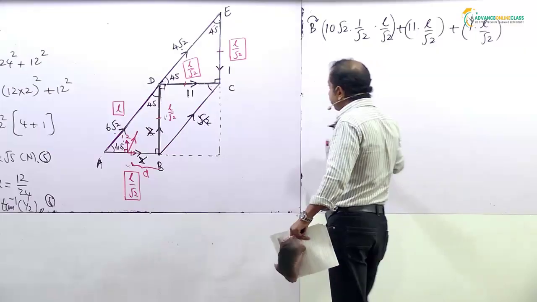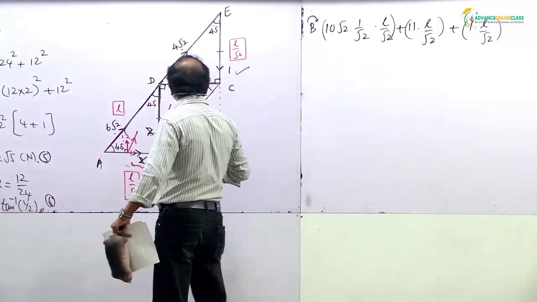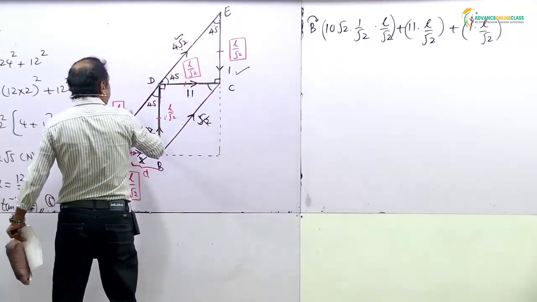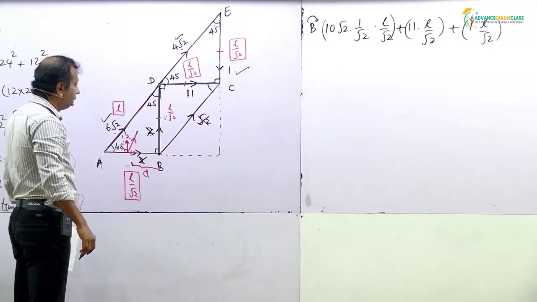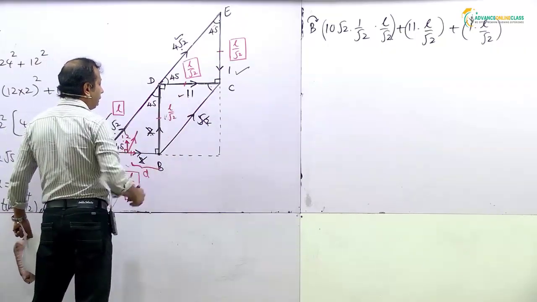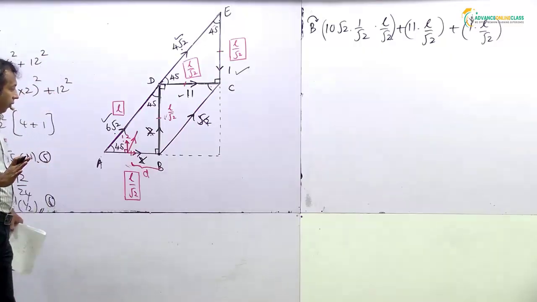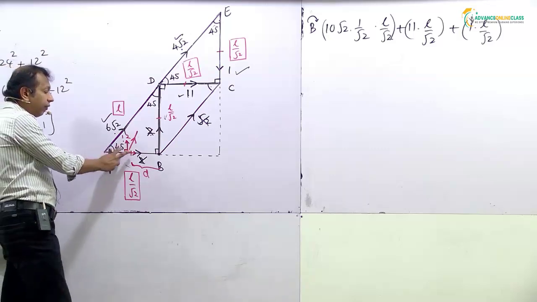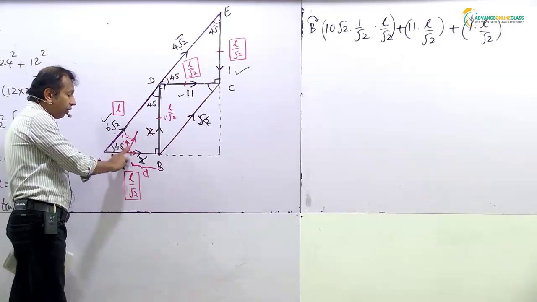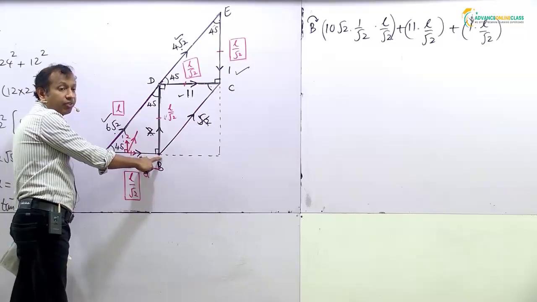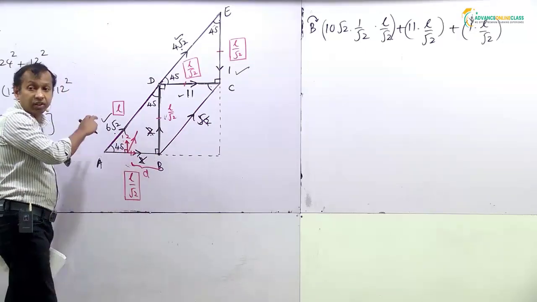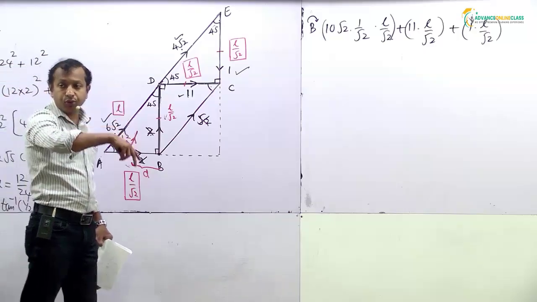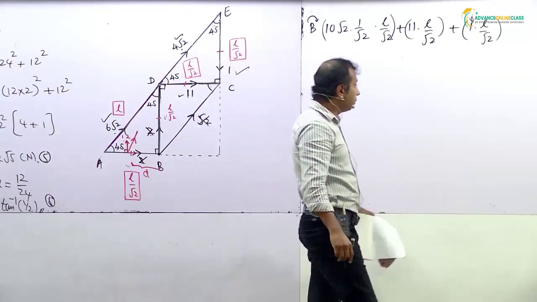Then we took the moment of this 1, 4 root 2 and 6 root 2, and 11, right? That's all. Now that should be equal to what? Moment of the resultant. The resultant I resolve horizontally and vertically. Horizontal part passes through the point B, no moment. Vertical part 12 gives clockwise 12 into D.